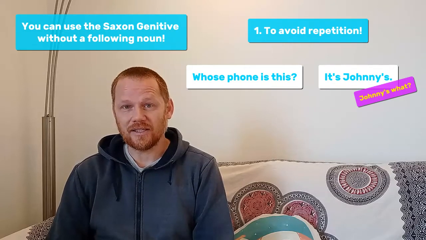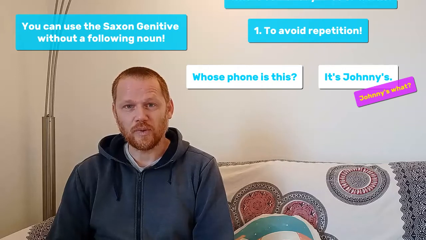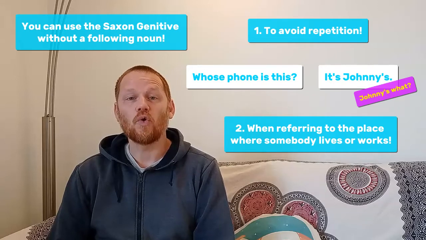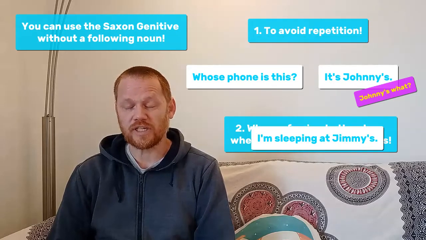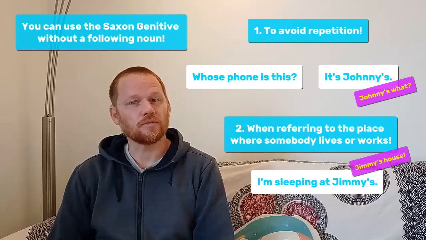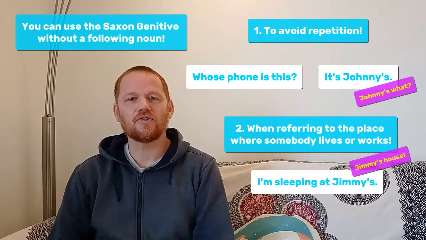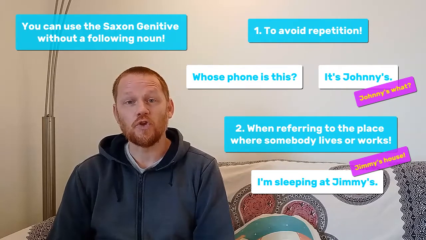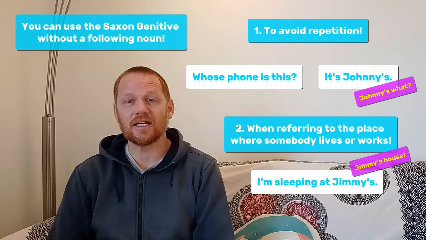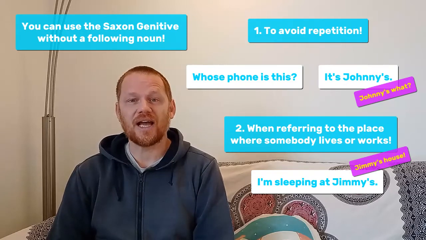And secondly, we also use the Saxon genitive without a following noun when referring to the place where somebody lives or works. For example, I'm sleeping at Jimmy's. Jimmy's what? Jimmy's house, obviously, there is no need to add the noun house. You can, but you don't have to. So you can say, I'm sleeping at Jimmy's, or I'm sleeping at Jimmy's house.